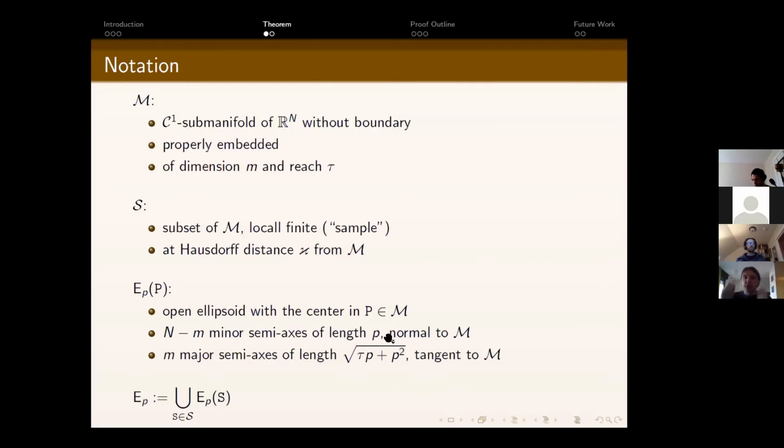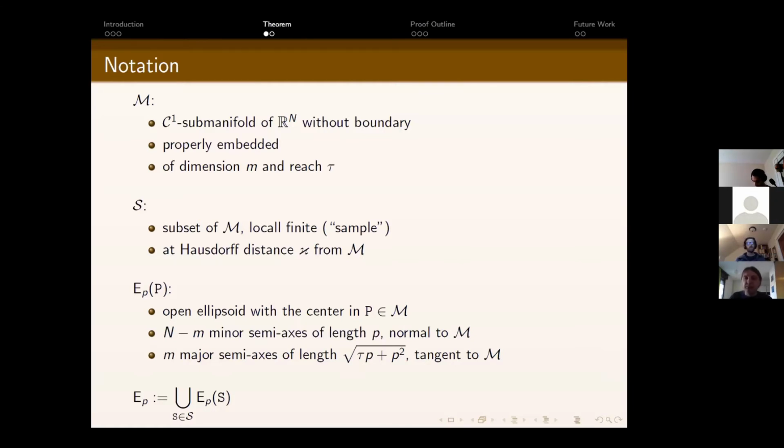And this is what we take for our measure P. Previously, P was the radius of the balls. Now it's the radius, so to speak, so the minor semi-axis in the normal direction to the manifold. But the major semi-axes are longer, and this is the maybe at first glance somewhat weird scaling, but there is a reason behind it.